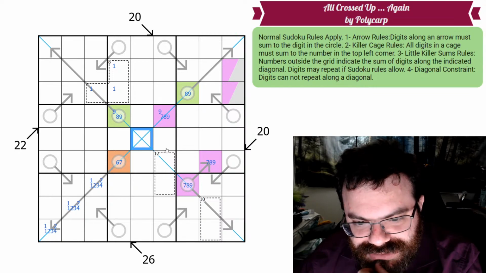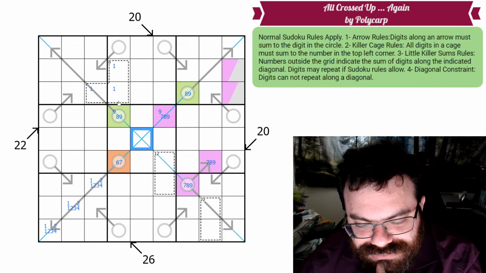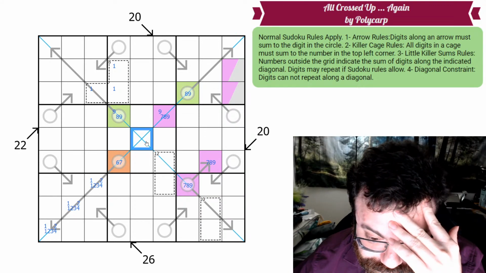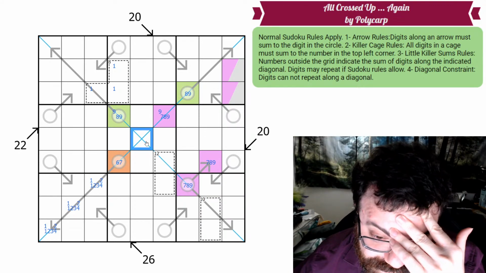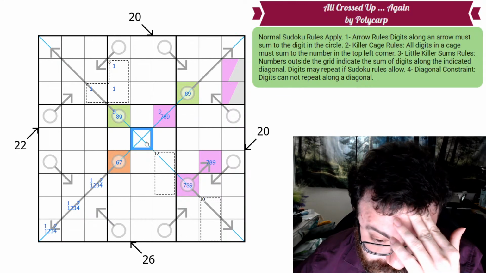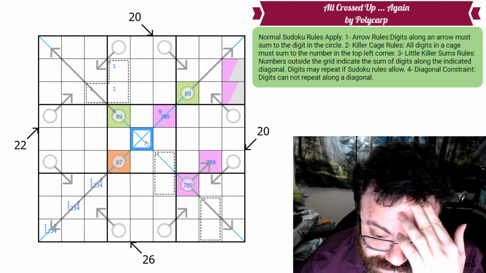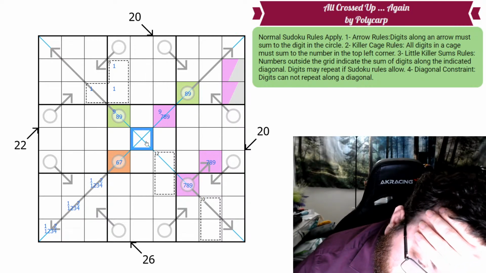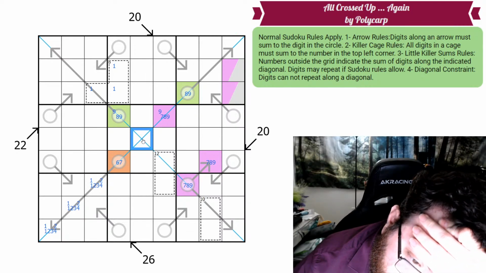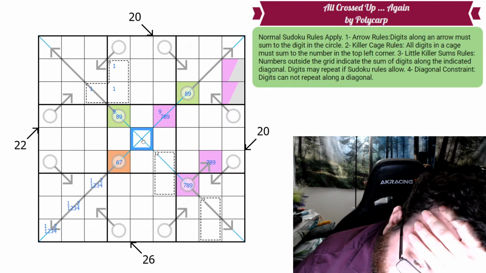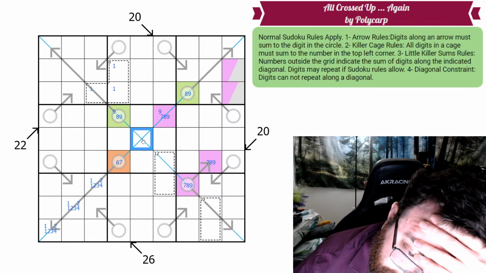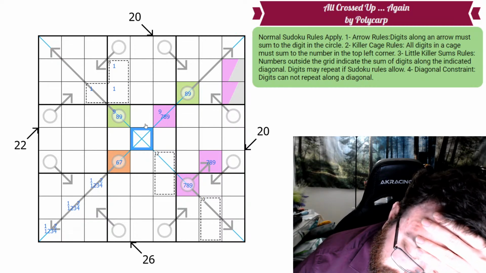Because we'd have to add to 16. So that these could add to 13 instead of 15. I mean, or we could add to 11 even. It would have to actually be 11.